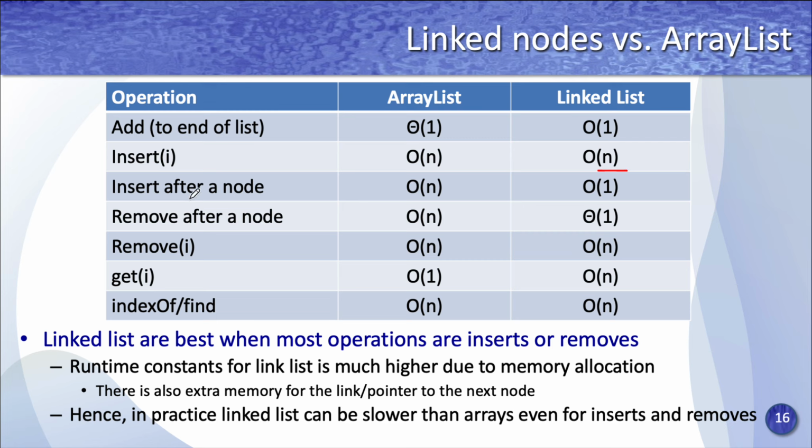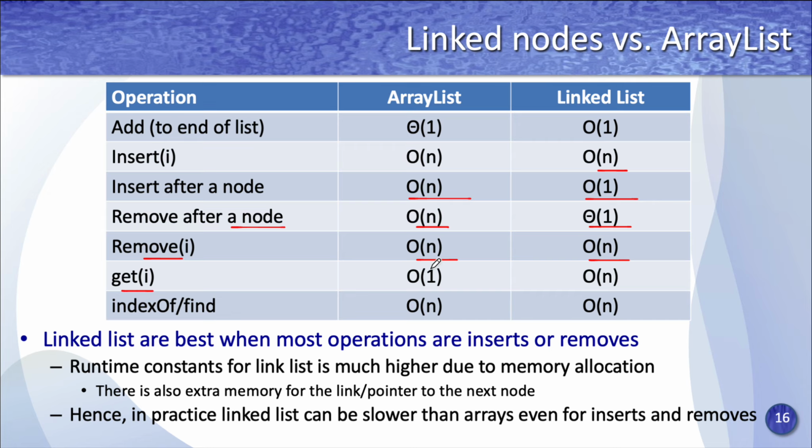Inserting after a given node, you'll have to shift elements, but if you already have access to that node, it'll be big O of 1. Removing after a node is again big O of 1, since you have access to that node in constant time. If you want to remove the ith element, in both cases you have to shift elements, and with the linked list you have to traverse the list, so it becomes big O of n.